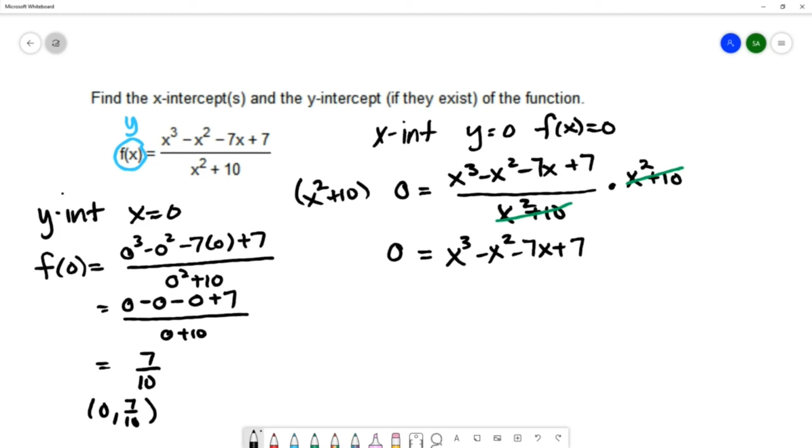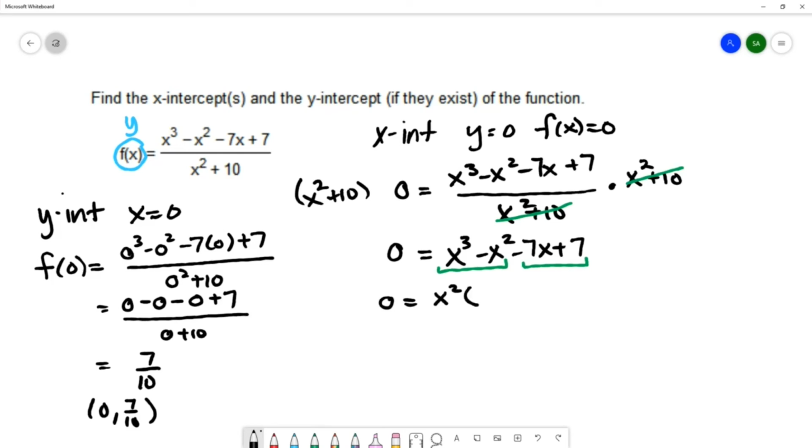So the technique that I'm going to use to solve this equation is called grouping. I'm going to use factoring and grouping. So I'm going to group these two terms together and group these two terms together. And we're going to factor out the greatest common factor from each group. The greatest common factor of x cubed minus x squared is x squared.